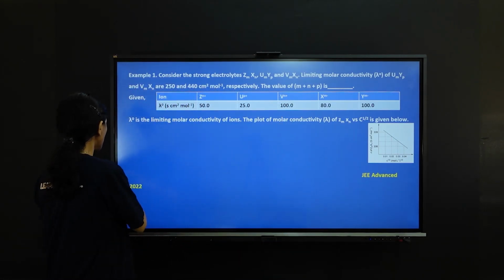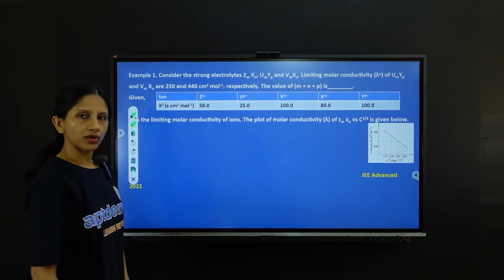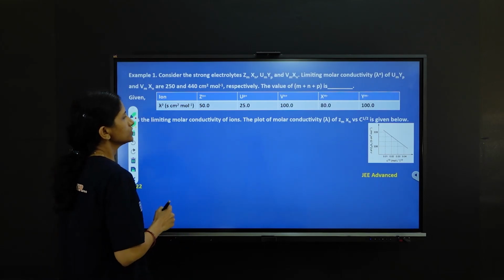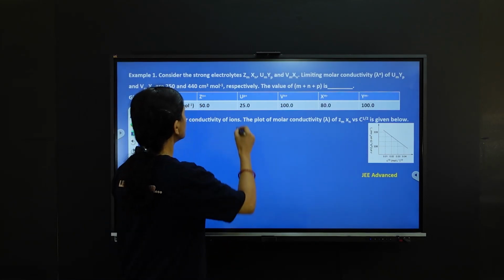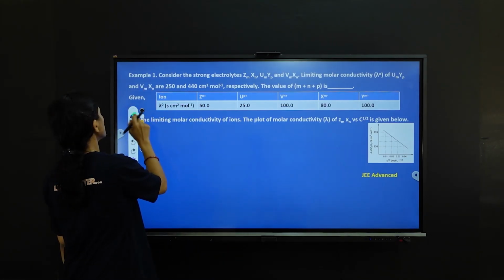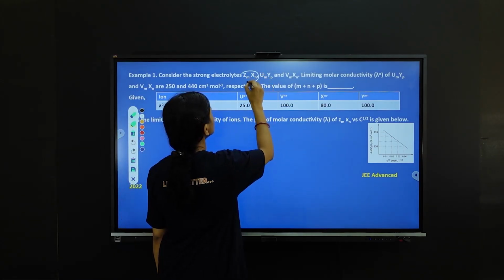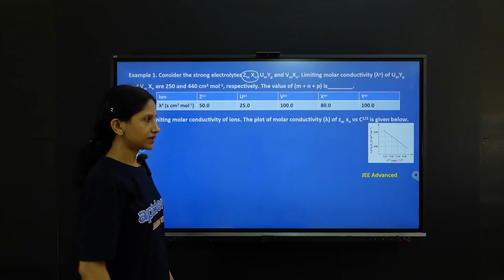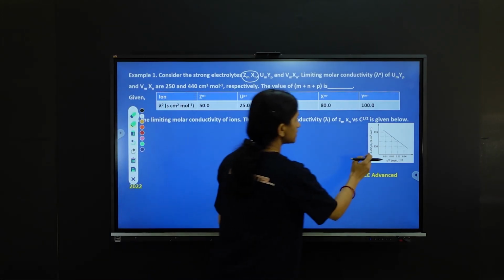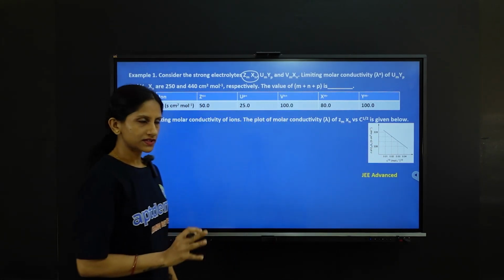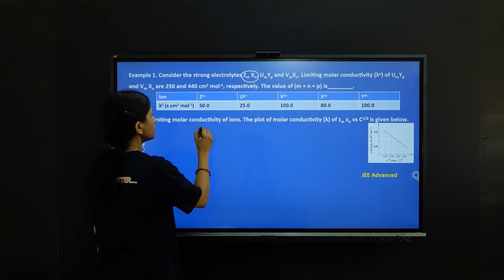So let's see with the given information how we can solve the problem. Let's first start with the first electrolyte. All of them are strong electrolytes, so we will start with ZmXn first. Because the plot is given for the first electrolyte, what can we write?